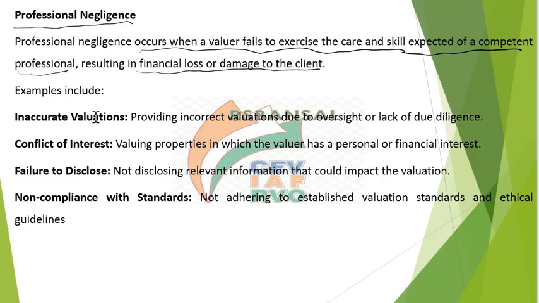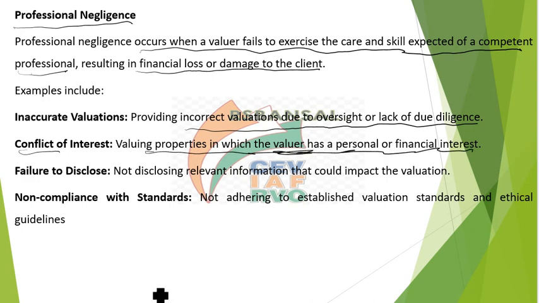Examples include inaccurate valuation, providing an incorrect valuation due to oversight or lack of due diligence. Conflict of interest: valuing property in which the valuer has a personal or financial interest. This is also professional negligence.